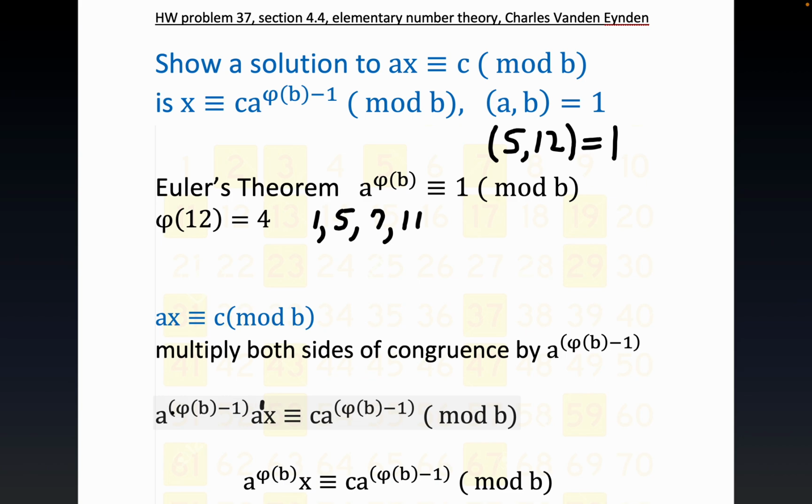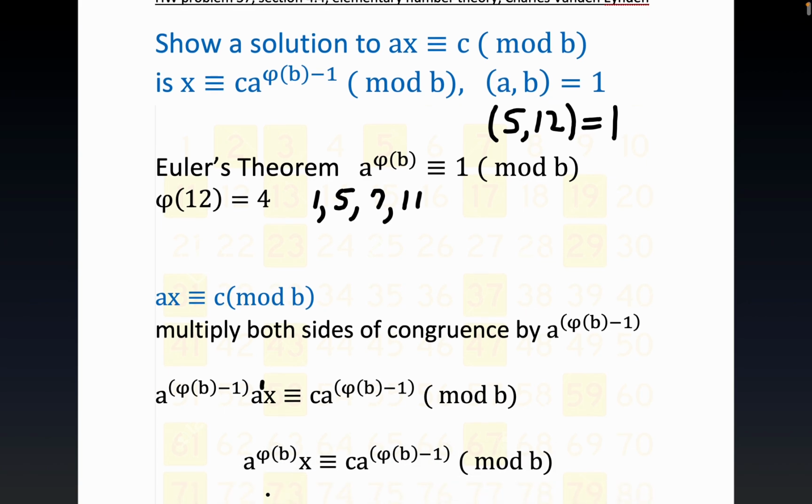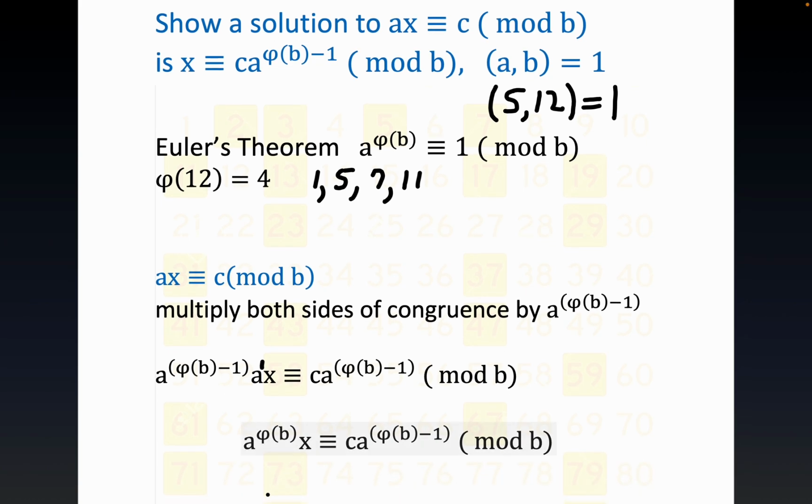Now notice you have the same base here, a raised to this and this. So you can see how the ones cancel. When you add the minus 1 to the 1, it goes away, and you're just left with a to the phi of b. But remember, this result that I did not prove, we just stated as a fact: a to the phi of b is congruent to 1.